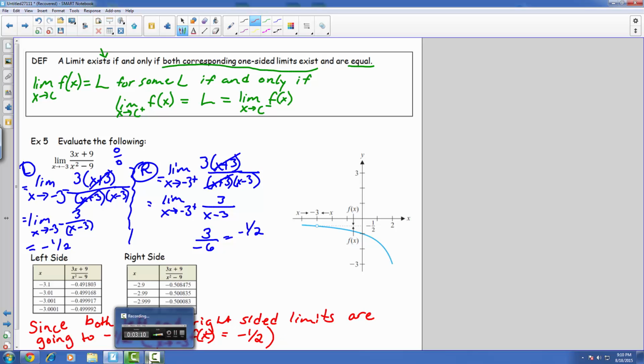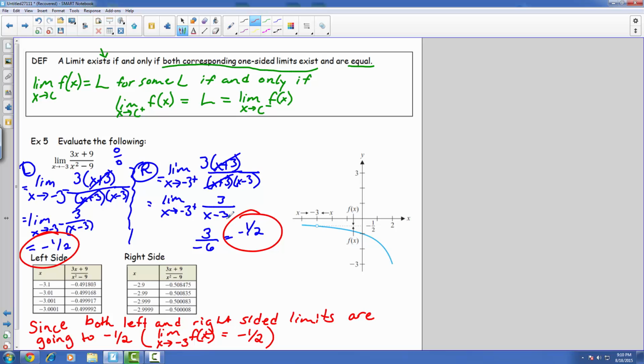Alright, so again, we're proving that the left side is going to negative 1/2, we're proving the right side is going to negative 1/2. Then because they are both matching up, this again was the algebraic proof behind it. This is like using the data, and this is looking at the graph. I kind of wanted to show all three aspects so you guys have a wide variety of things to look at and see why things are working.